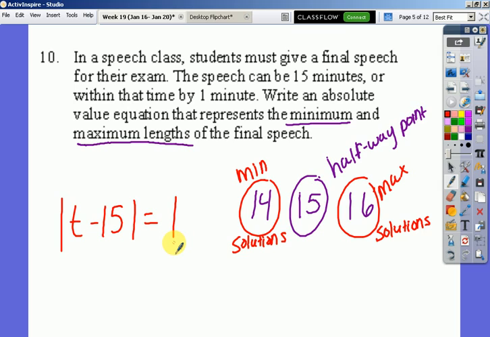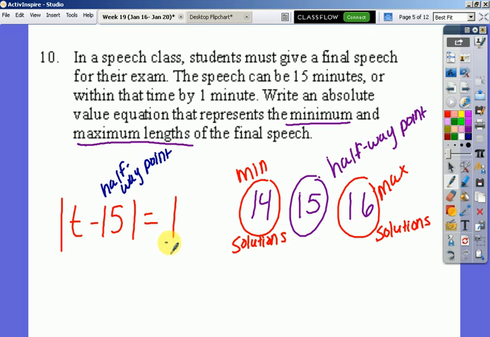So, this is what they came up with as a solution, and we'll talk about it. 15 is that amount of time that our speech can be, that's a halfway point between our minimum and maximum. This is our halfway point.